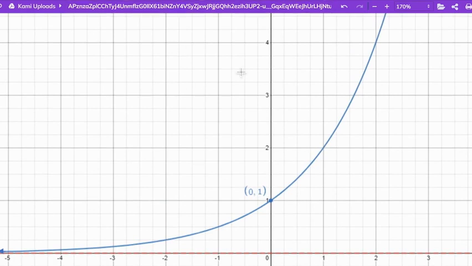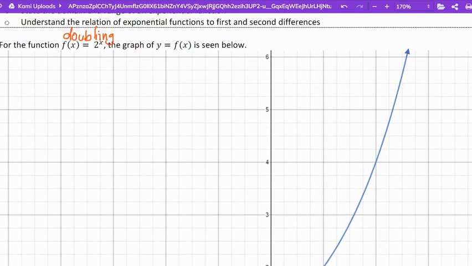So let's do some work on the side. If we have f of x equals 10 to the power of x, let's plot a few points. When x is 0, what is y going to be equal to?